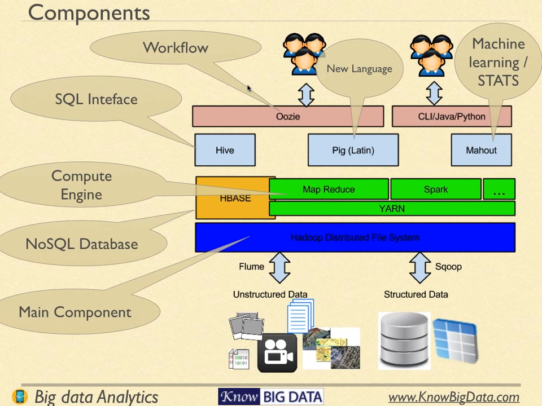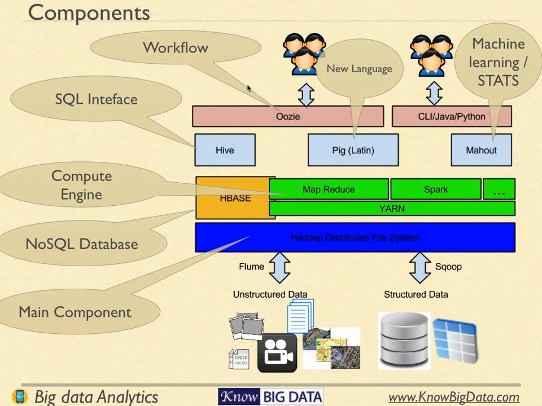So the results of Mahout have to be pushed to the web server, and for that you might use Scoop. Now you can see that in a typical analytics problem, you end up using many components.